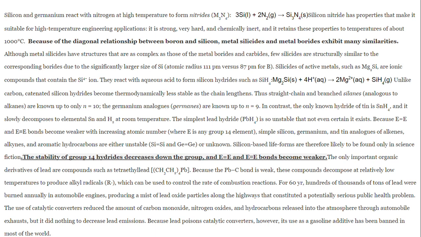Simple silicon, germanium and tin analogues of alkenes, alkynes and aromatic hydrocarbons are either unstable, like Si=Si and Ge=Ge, or unknown. Silicon based life forms are therefore likely to be found only in science fiction.